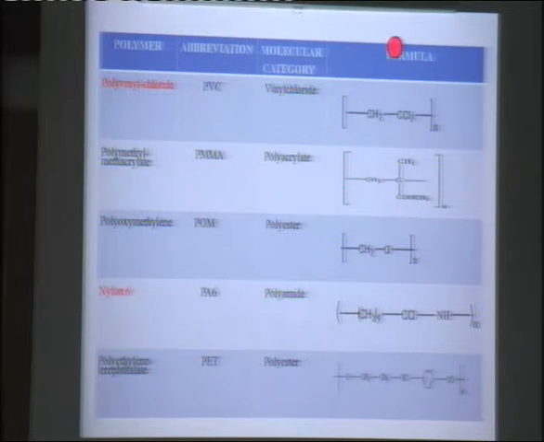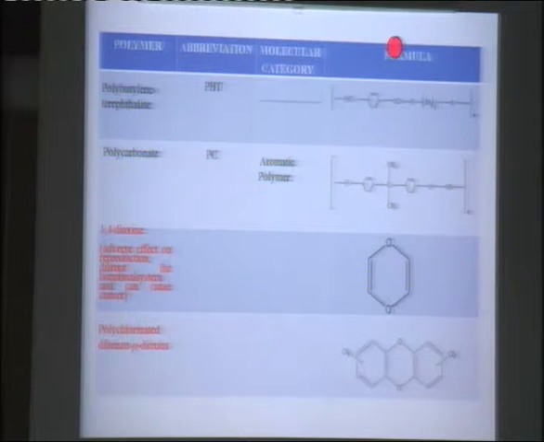PVC cannot be gasified with polyethylene and polypropylene, because when you treat PVC you get hydrogen chloride, which is corrosive and gives different types of products that create different problems. So before you go for incineration or gasification, you have to separate these.